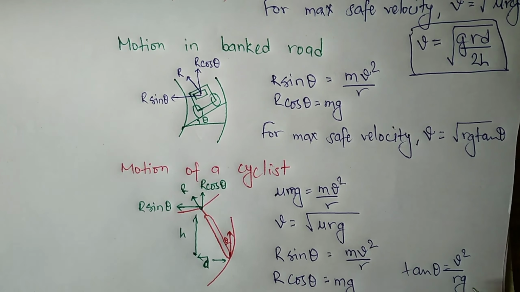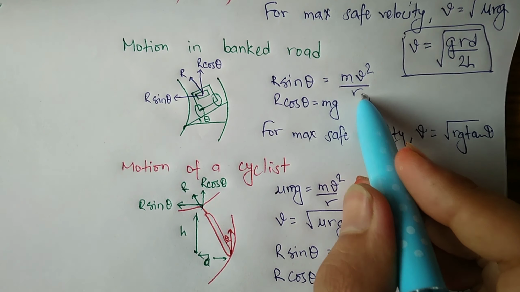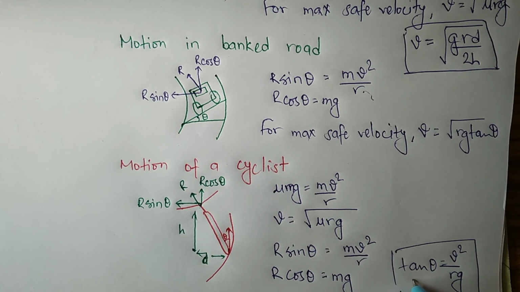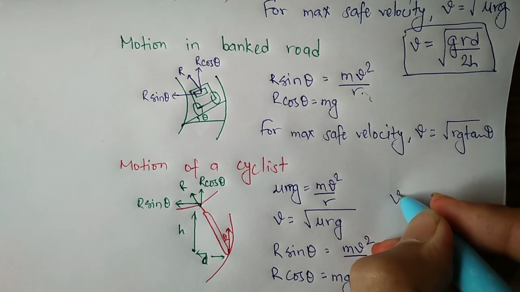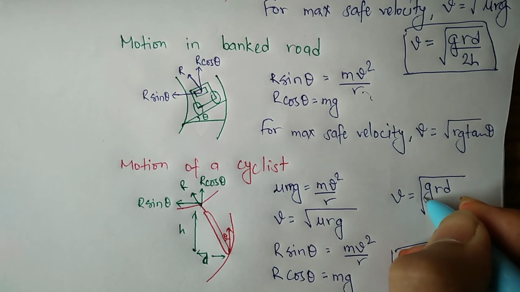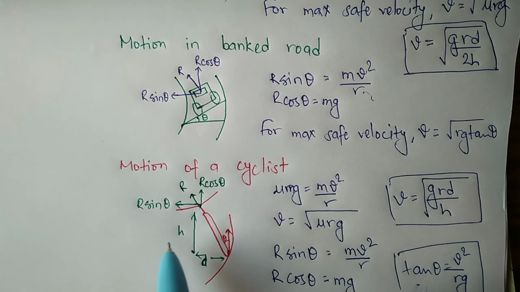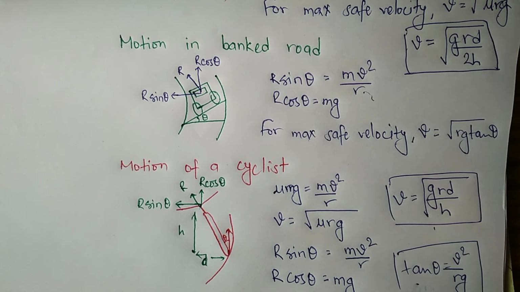This is an important formula. And then here you can find velocity by the formula v is equal to root under g r d by h. Well, here are two wheels and here is only one wheel, so 2 won't be in this formula.